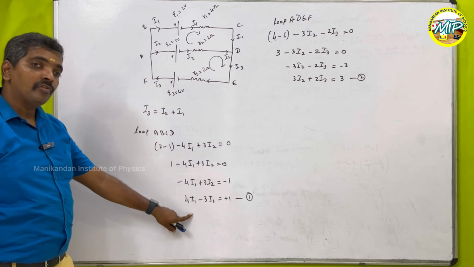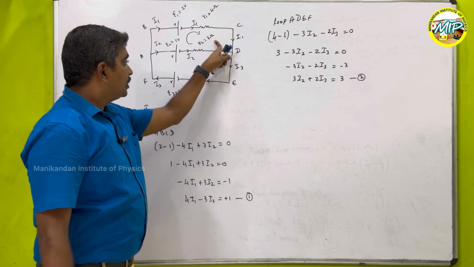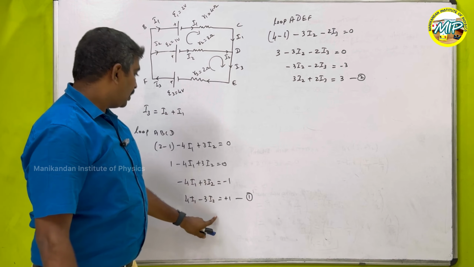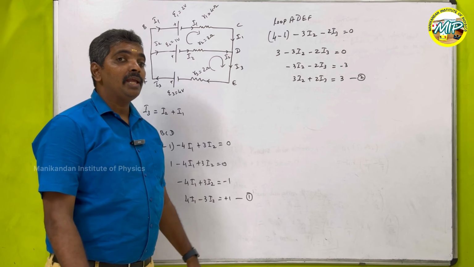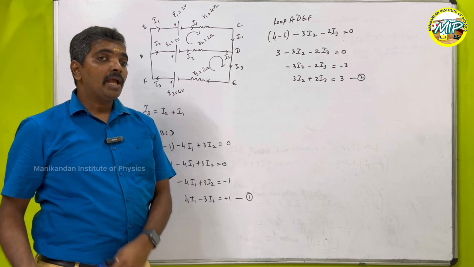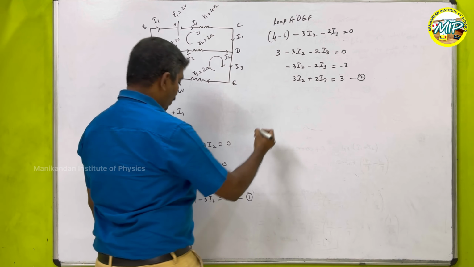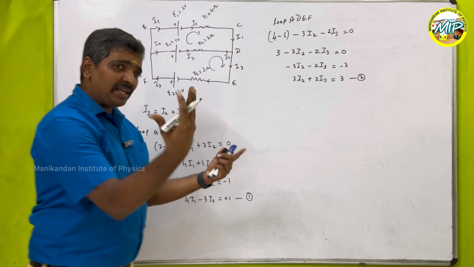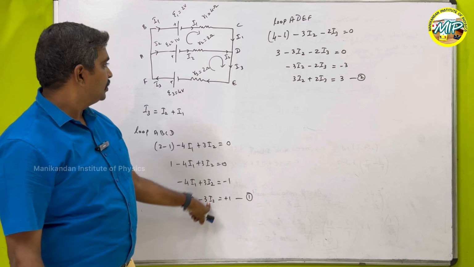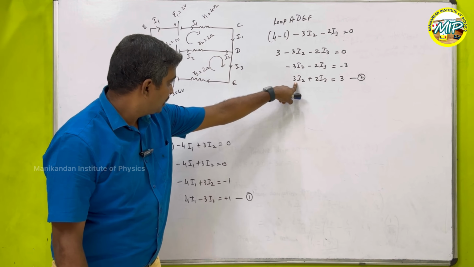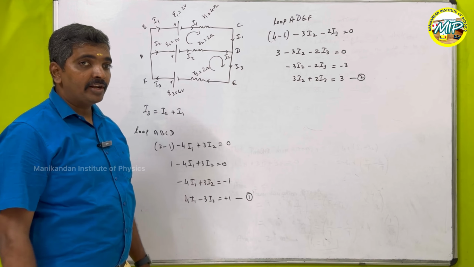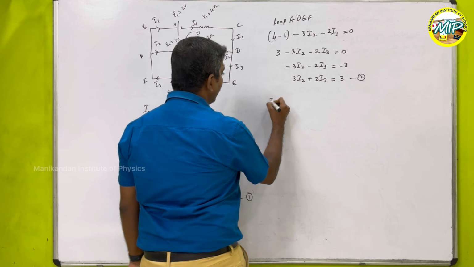This is the equation formed from loop 2. By solving these two, we can find my I1 and I2. If I add I1 and I2, I can find my I3 value. So by solving equations 1 and 2, simply add these two. I2 gets cancelled. Then you can simplify and find the values of I1, I2 and I3.